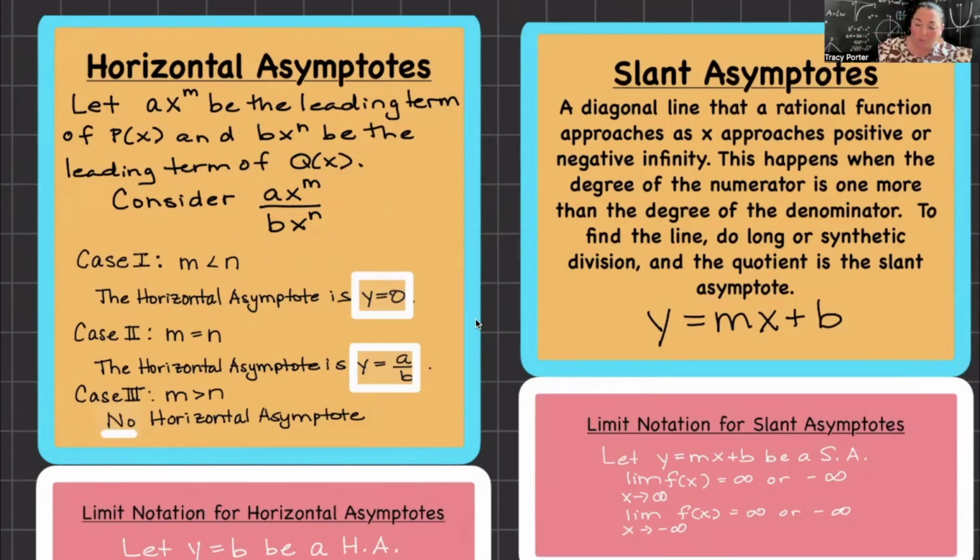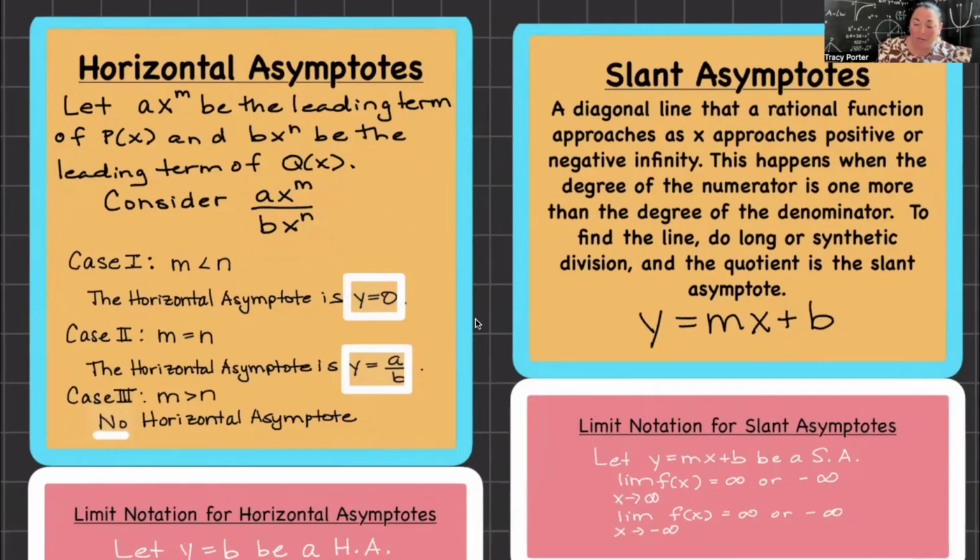For a polynomial in general, there are four different cases to consider for end behavior. But if we have a rational function, we look at the ratio of the leading terms, ax^m over bx^n.